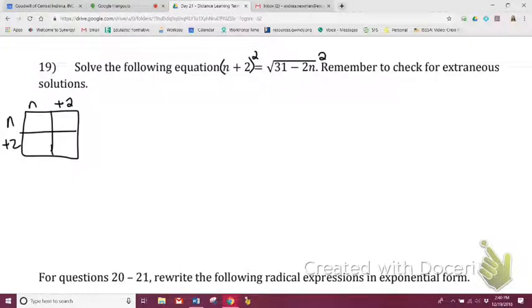I promise, if you write n squared plus 4, it's not going to be what we get. A lot of times people want to take that 2 that's outside those parentheses and distribute it in. Not the same thing as doing your box. So that's going to give us n squared plus 2n plus 2n plus 4, which simplifies to n squared plus 4n plus 4.